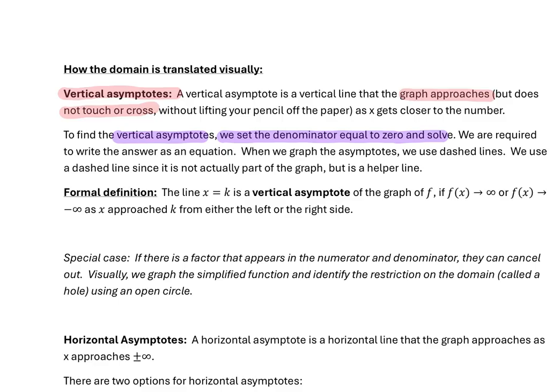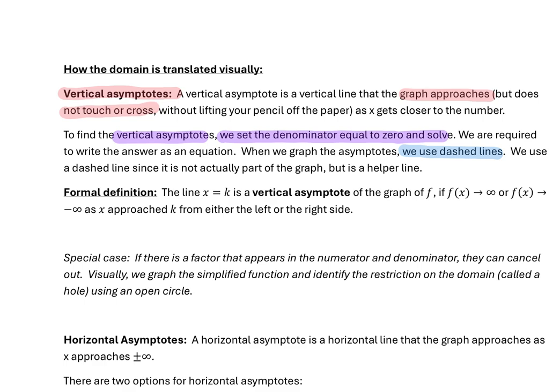So for instance, we had on one of them, x is not equal to 1. Well, when we talk about vertical asymptotes, we just say x equals 1, and it's an asymptote. When we graph asymptotes, we are going to use dashed lines. These are our helper lines. We use a dashed line because it is not actually part of the graph.